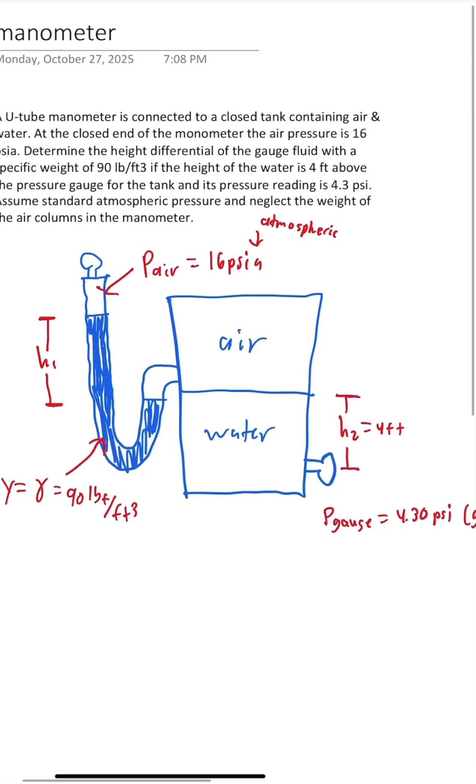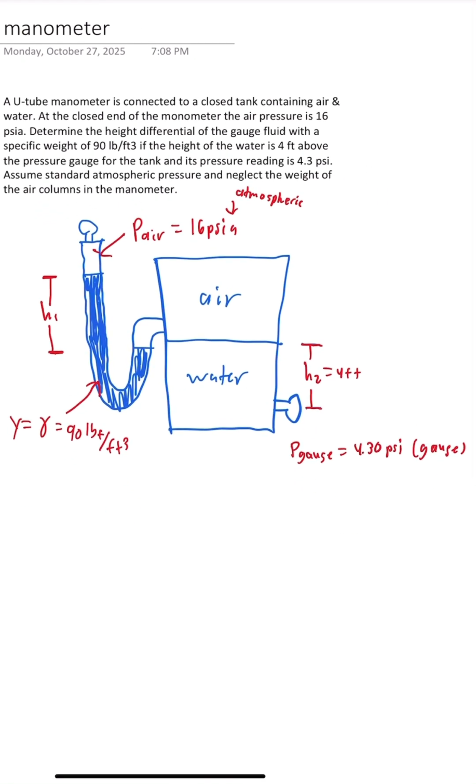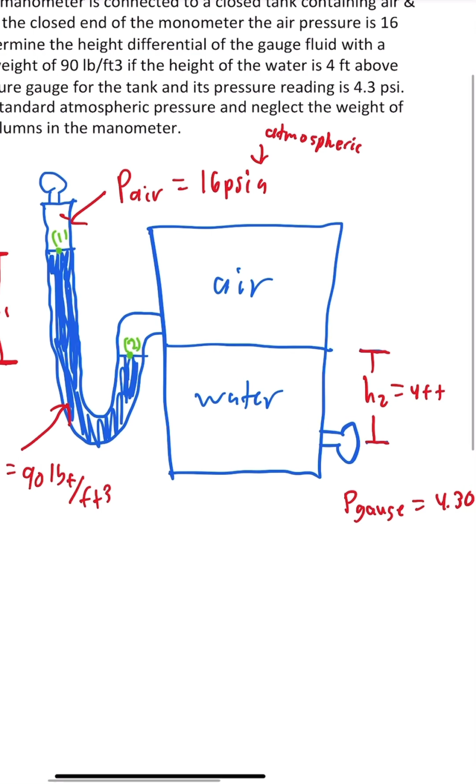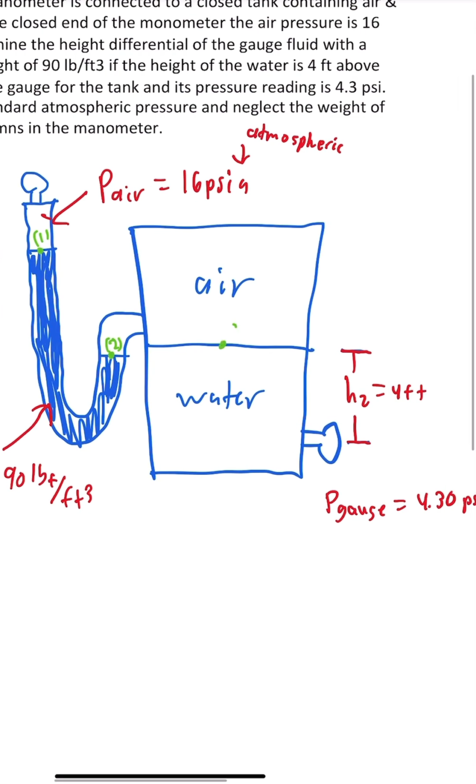Now, what we want to do is pick our points for how we're going to determine our equations. So you normally want to pick the starting and stopping points of the fluid. So we have point 1, we have point 2, and then the other fluid that we're going to want to look at is water, because that's what we're given other information for. So we have point 3, and then down here, we're just going to call this our gauge pressure.